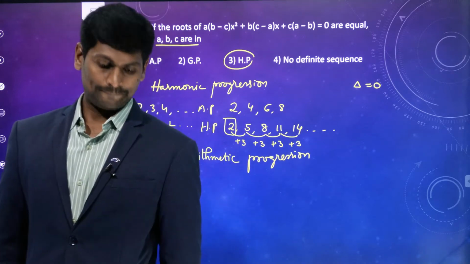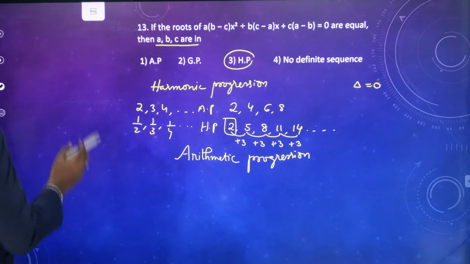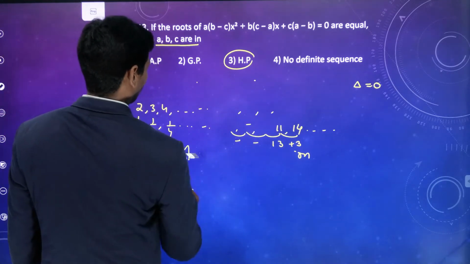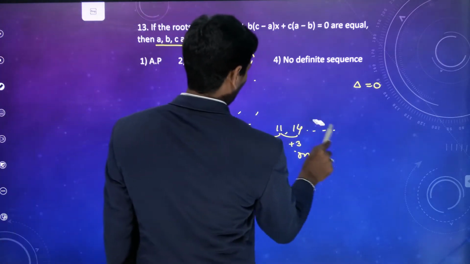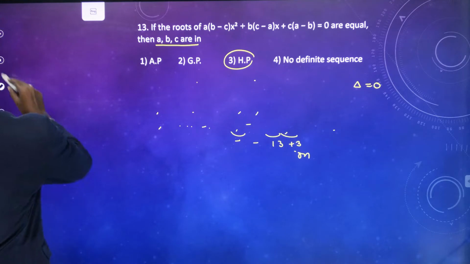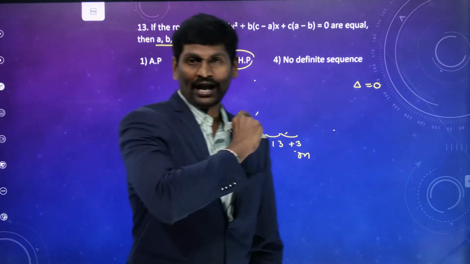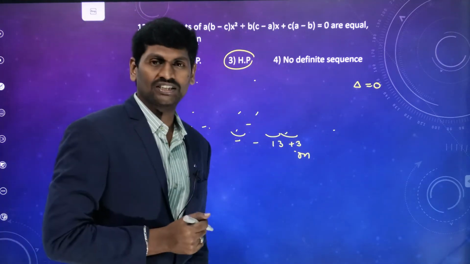Okay children? Yes. Now coming to the third one, geometrical progression. What is geometrical progression? While we are adding or subtracting, a pattern of numbers or series is called arithmetic progression.